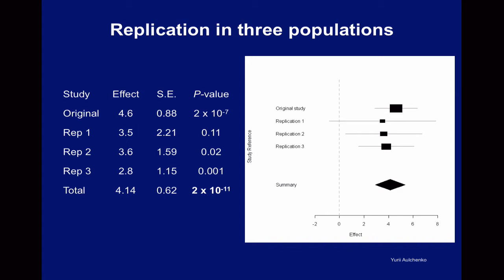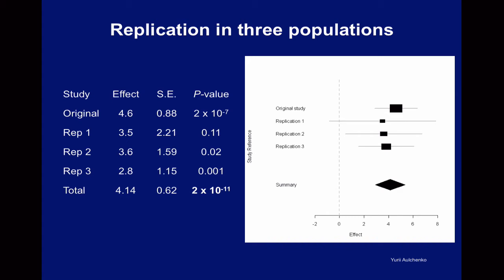This is not genome-wide significant, but when we look up the same SNP in 3 replication populations, the nice thing is that the association goes in the same direction, although in one population we don't even obtain nominally significant results.